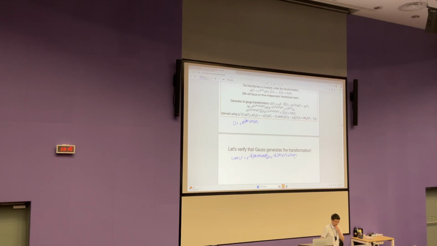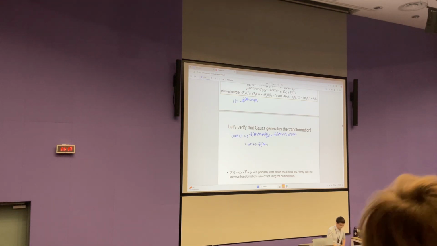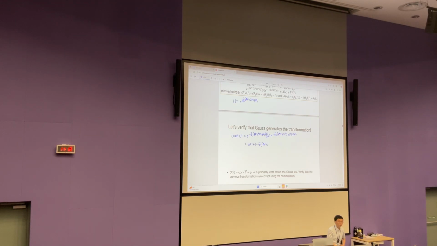Then we need to proceed with this. What equation should we use? It's always the e to the i times b times e to the minus i thing, right? In your lecture, you use plus and minus for the unitary.